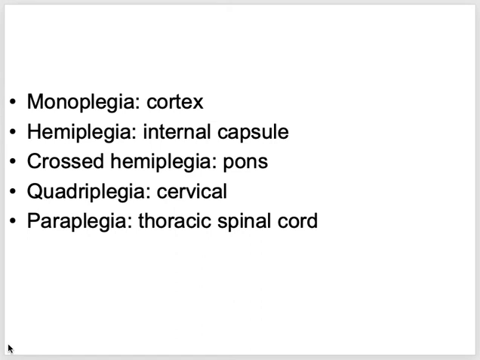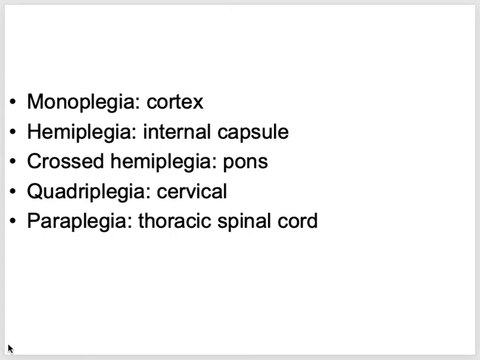What is plegia? What is paresis? You are going to find a lot of these words again and again. Plegia is simply paralysis. Paresis is basically weakness. Whenever there is plegia, it means it is paralyzed completely.